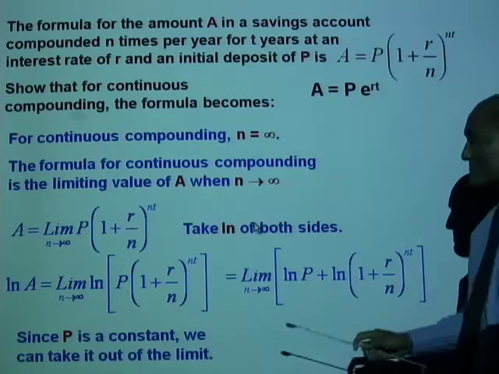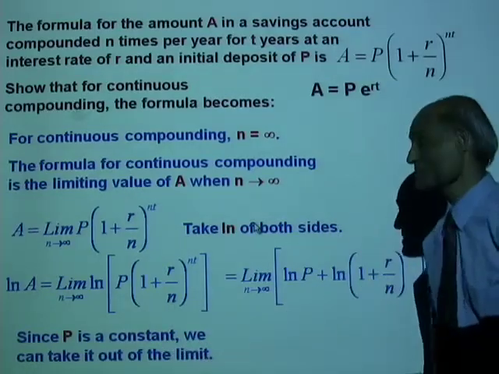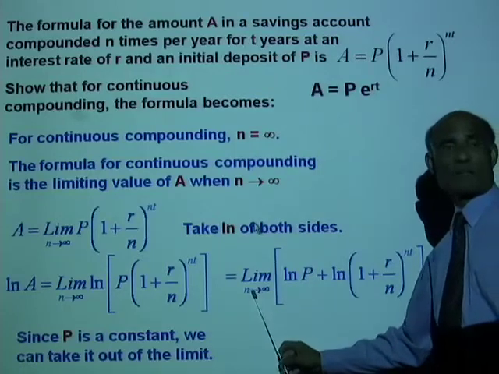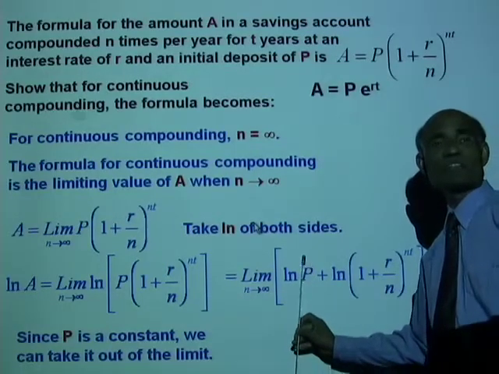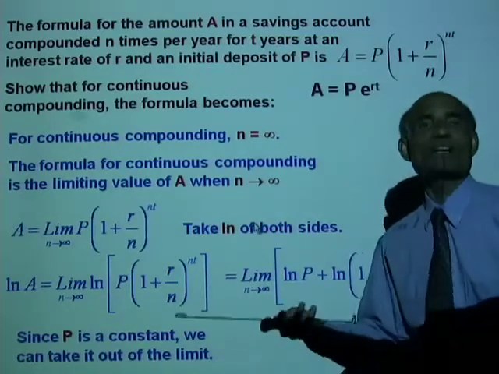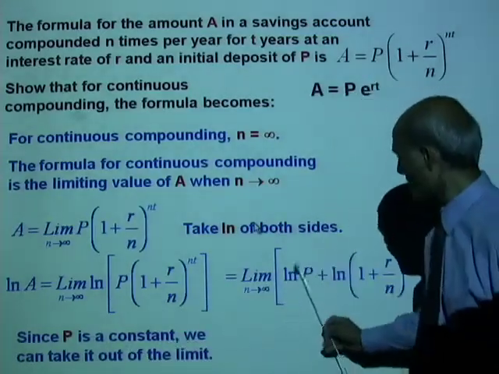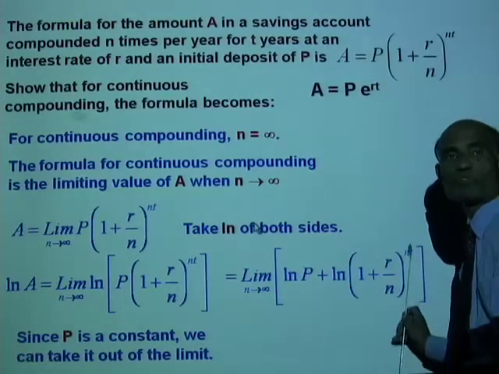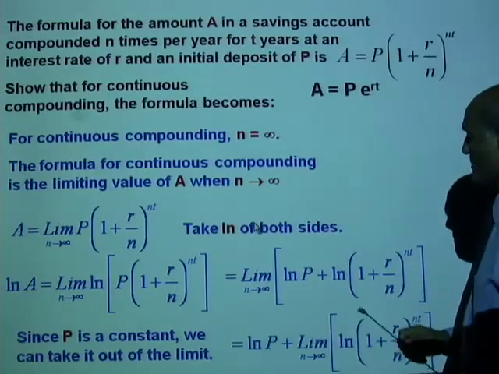Okay, since P is a constant, we can take it out of the limit. You see, the limit as n goes to infinity does not apply to ln P because P does not contain n. So we can actually remove it from the limit and take only the limit of this quantity. So how does that become then?